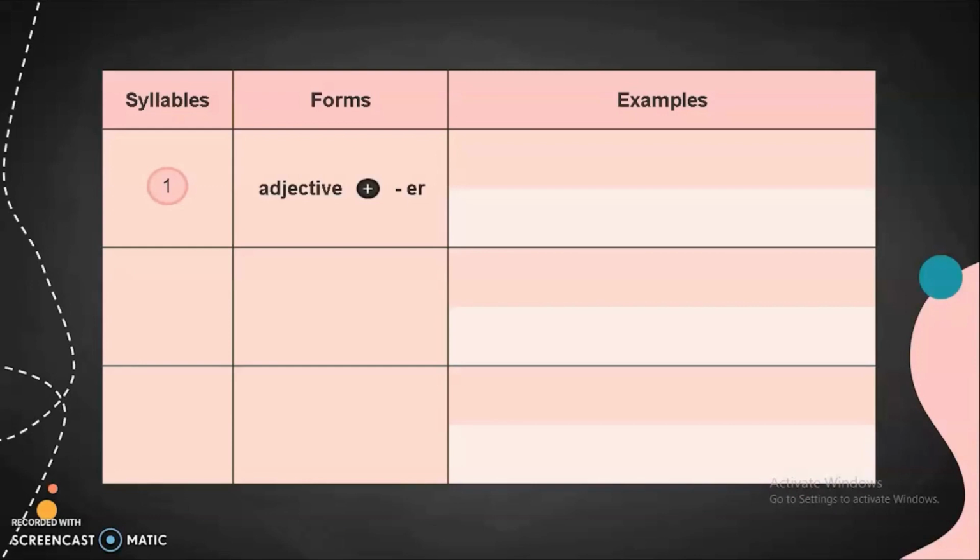For example, short becomes shorter. If the adjective ends in a consonant-vowel-consonant pattern, we double the final consonant before adding -er. For example, big becomes bigger.